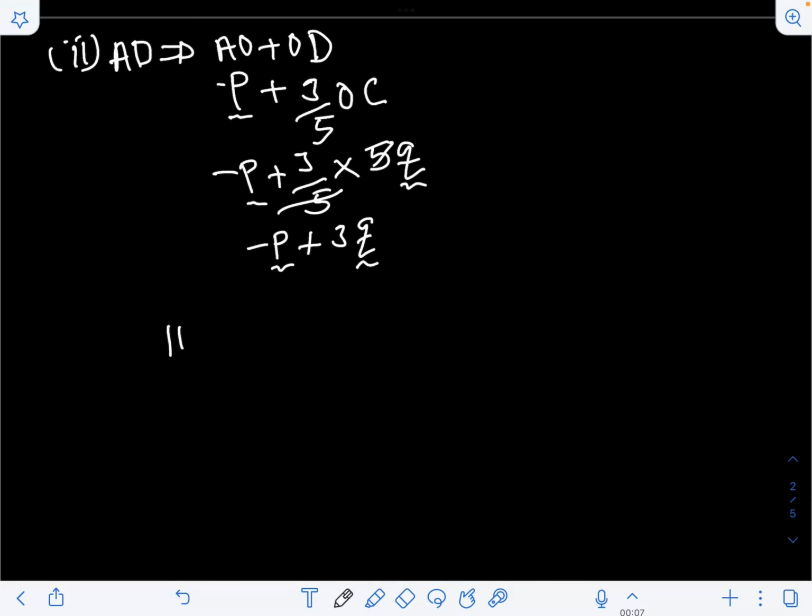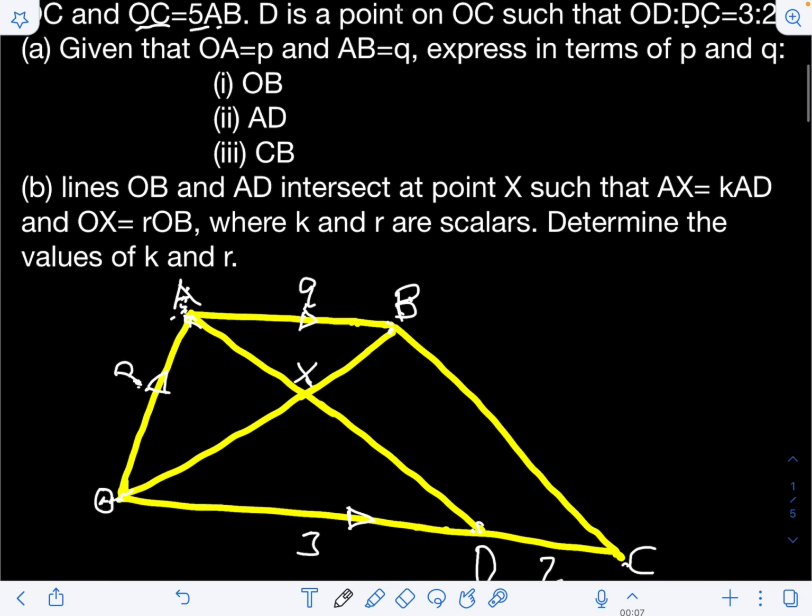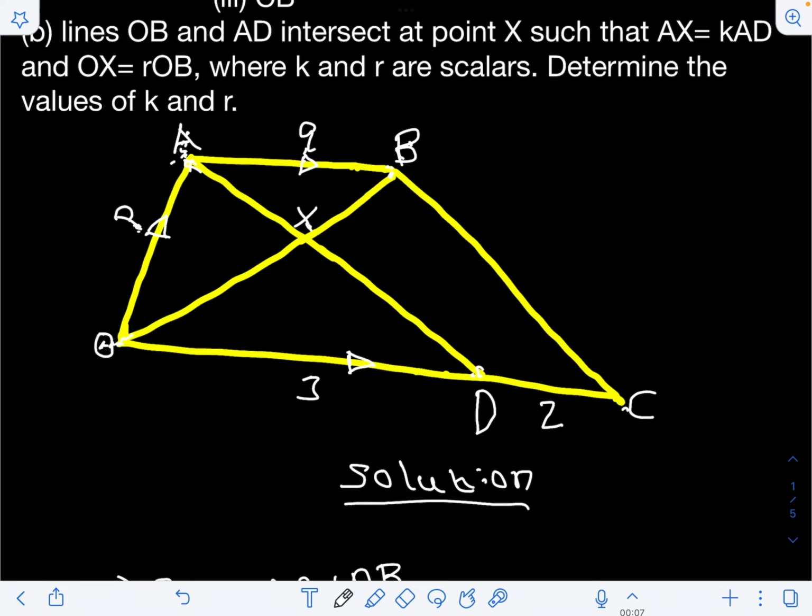The third part says, let us express CB. Where's CB here? Our CB is that route.